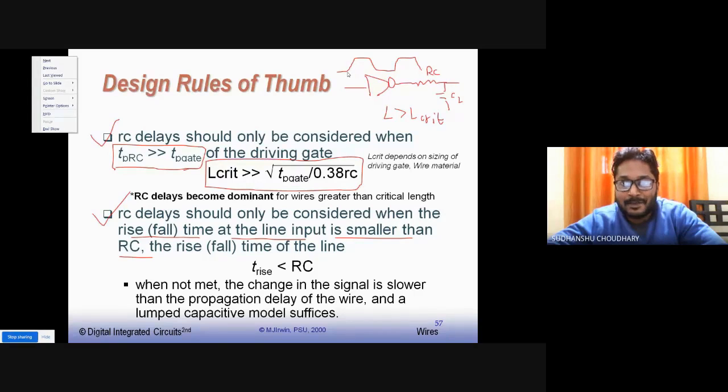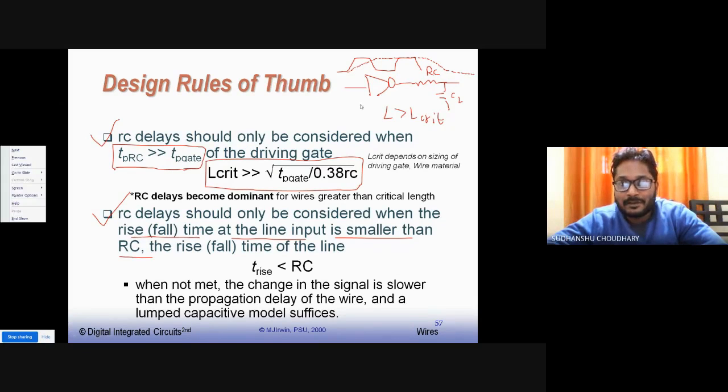So if the rise time is very large, and fall time is also large, in this case the signal is very slow. RC delay should only be considered when the rise or fall time is smaller than the RC delay, that is, the rise time and fall time are smaller than the delay of this line.